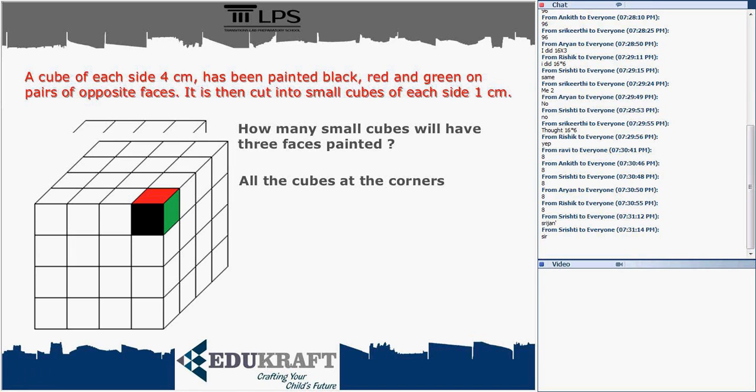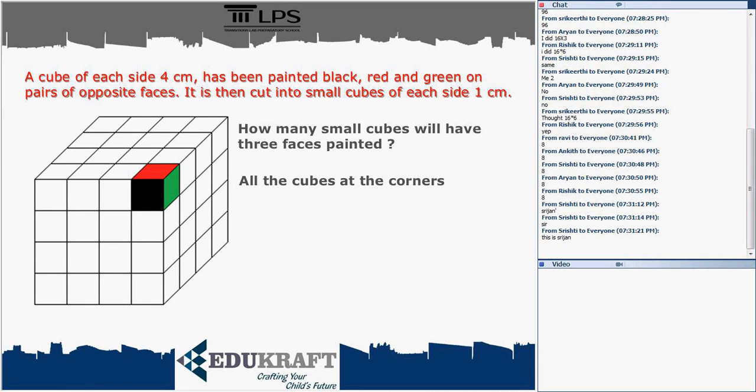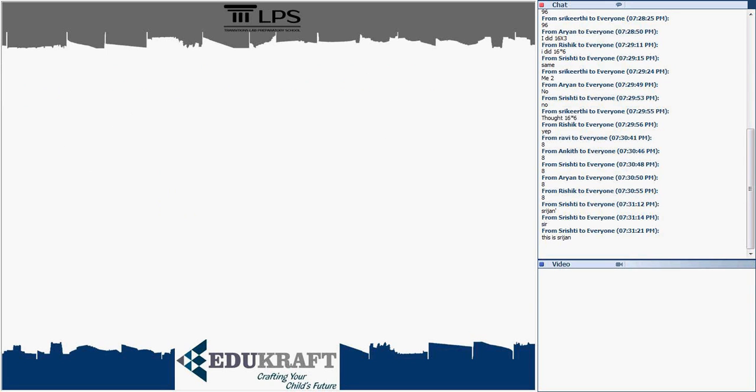All the cubes at the corner. Okay, visualize one corner. In the same way, we have to count all the corners. The answer is 8. Everyone, keep it up.